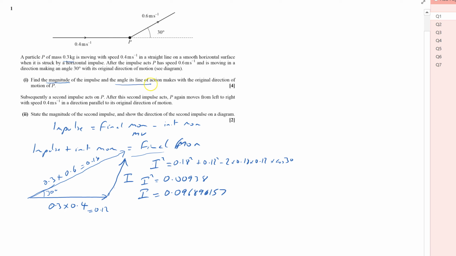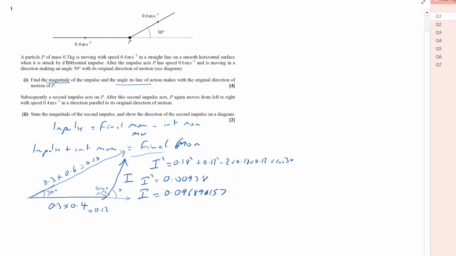I need to find the angle its line of action makes with the original direction. Well, the original direction is here, and so I've got to work out this angle there. I'm going to use the sine rule to work out this one, and you'll see when I do the sine rule, that it is definitely an obtuse angle.